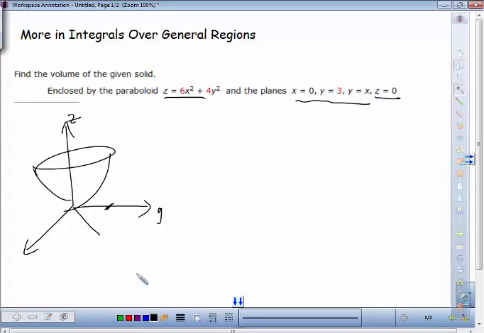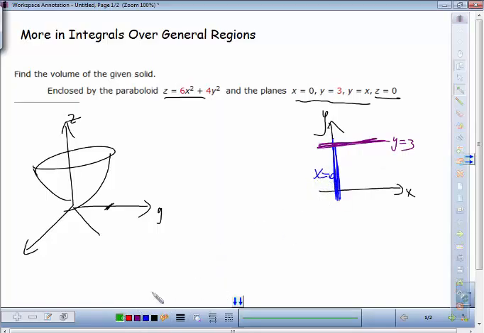If we look at this shadow on the xy plane, let's draw the xy plane. We have x is equal to 0. We have y is equal to 3. And then we have x is equal to y.